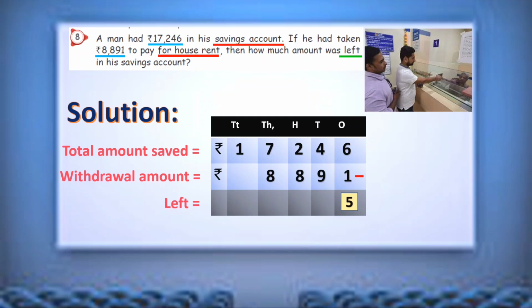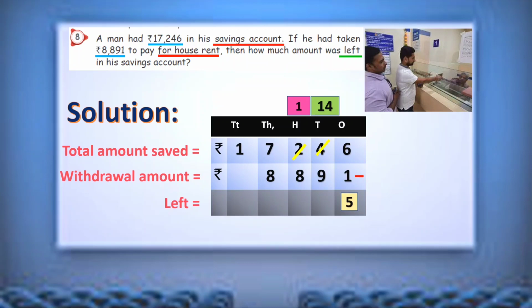In the ones place, 6 minus 1, 5. Then the tens place, 4 minus 9. 4 is not enough, isn't it? So cancel that and get the support from the hundreds. Here 2 hundreds are there. So cancel that and give 1 hundred to the tens. So 100 converts into 10 tens.